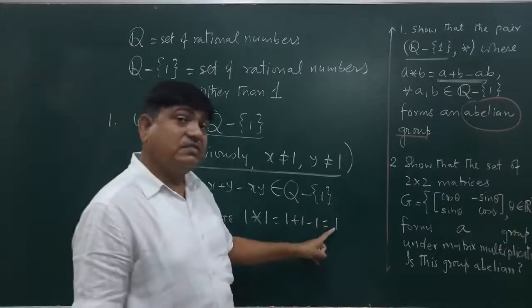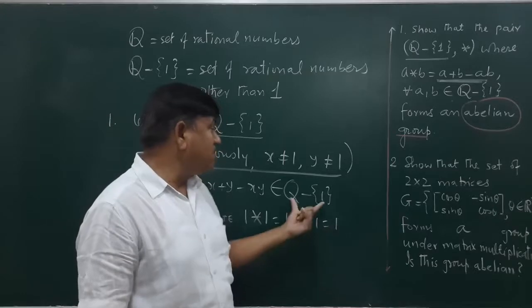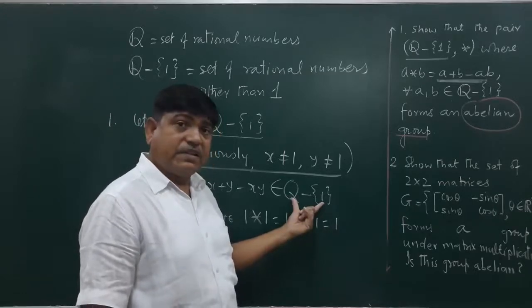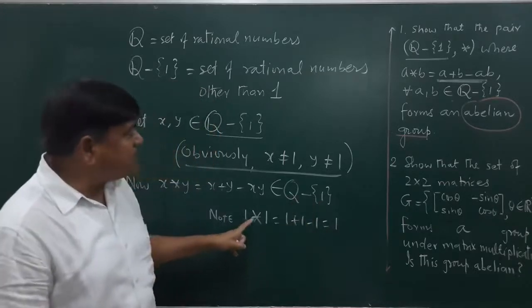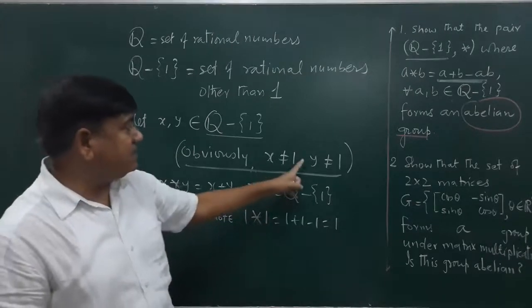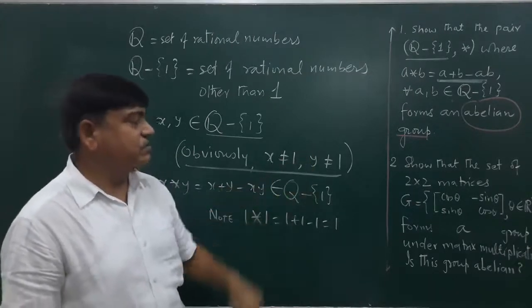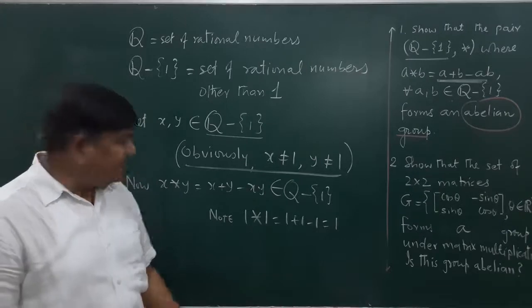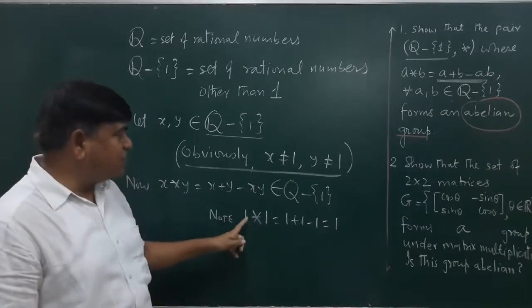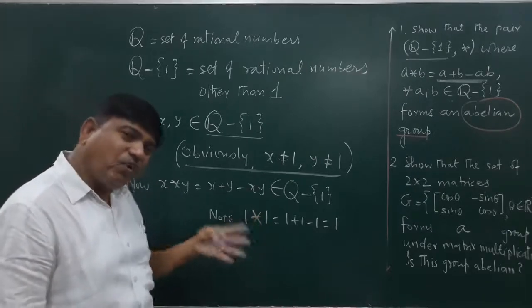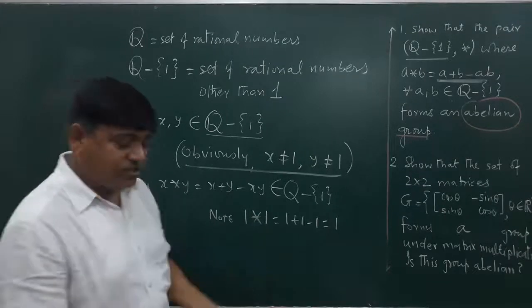This is 1, that means this is not a member of this set. So we cannot consider x is 1 and y is 1, and here it is written x is not equal to 1, y is not equal to 1. Other than 1 you can consider 2 and 1, 2 and 0, whatever you want.